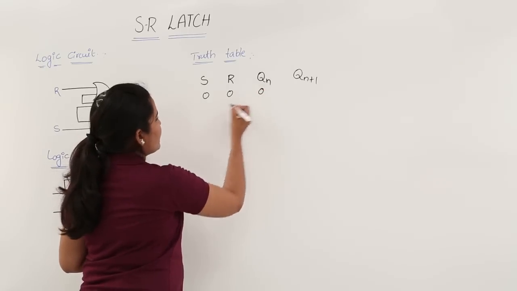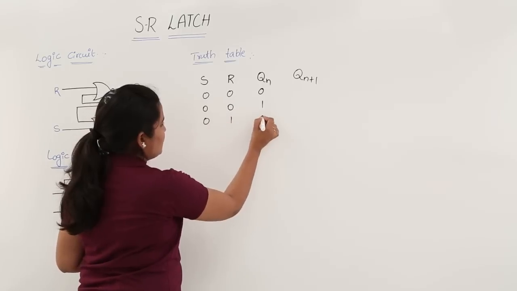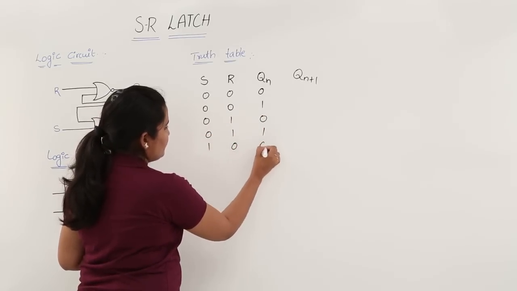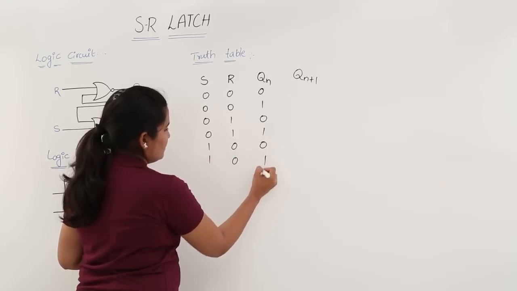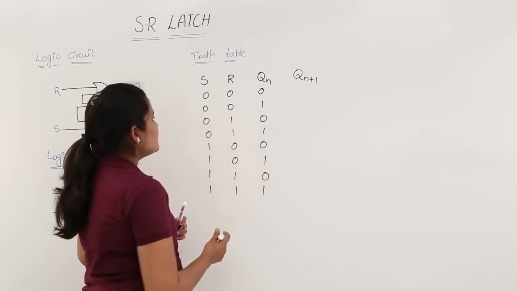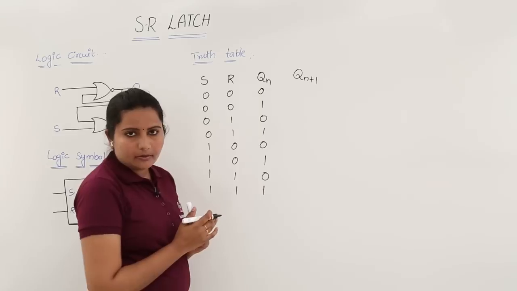With this we have 8 combinations like this: 000, 001, 010, 011, 100, 101, 110 and 111. These are all 8 combinations with these 3 input variables.